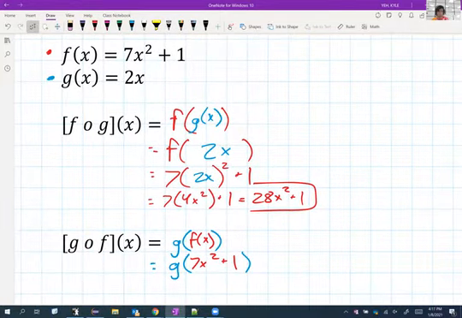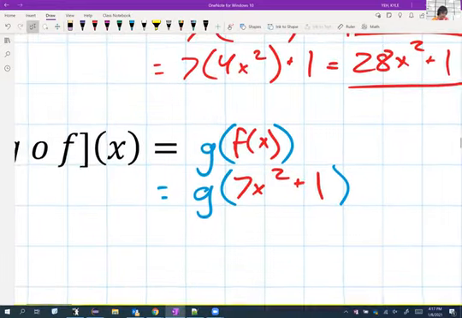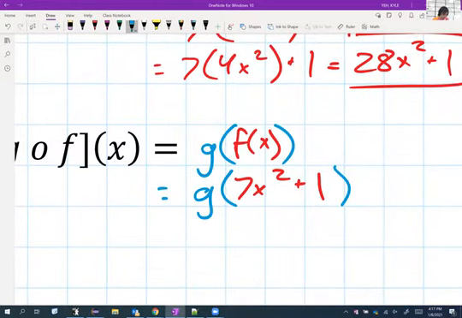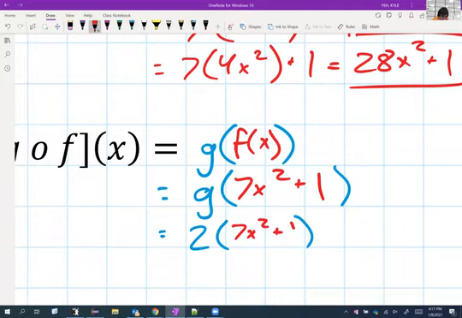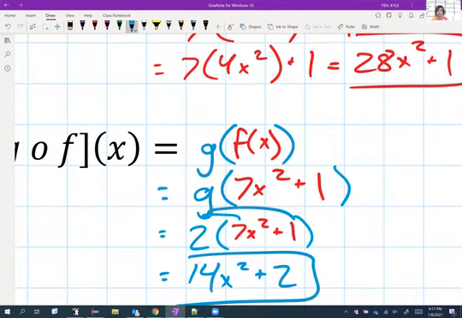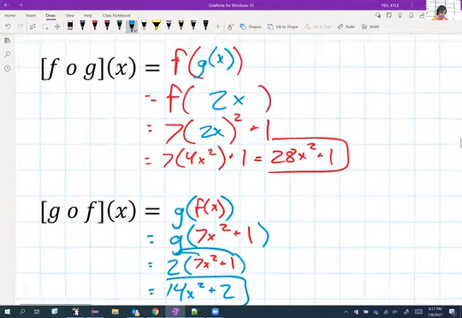So that's what I'm plugging into my g function. G function was 2 times whatever I'm plugging in, right? 2 times 7x squared plus 1 is looking like it'll give us 14x squared plus 2 once I have distributed. That is g of f of x.